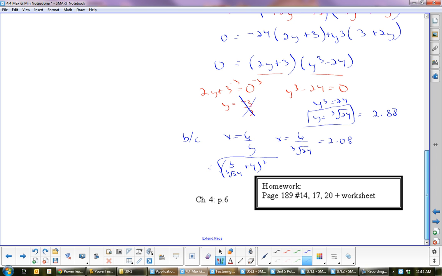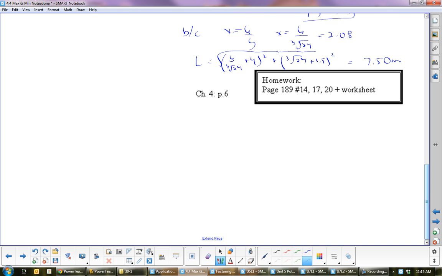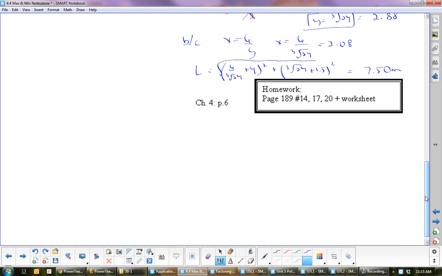I used z in mine, but we used L for ladder. When you put that all in, you get 7.50 meters. So the shortest ladder equals 7.50 meters.